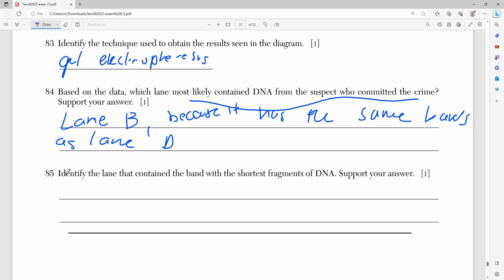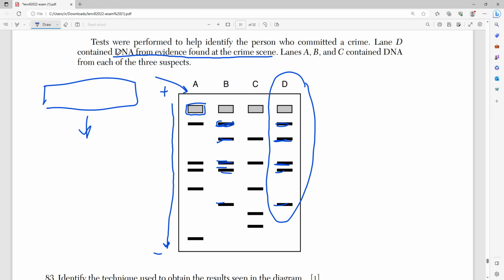Number 85 asks us to identify the lane that contained the band with the shortest fragments of DNA, right? So if we're looking for the shortest fragments of DNA, we're obviously going to look at the bands the farthest down the gel compared to the others, right?